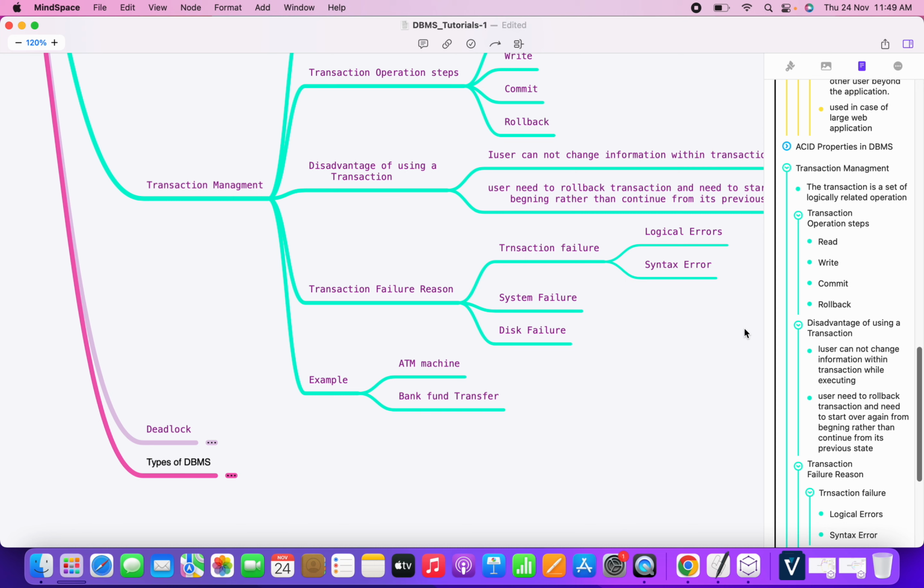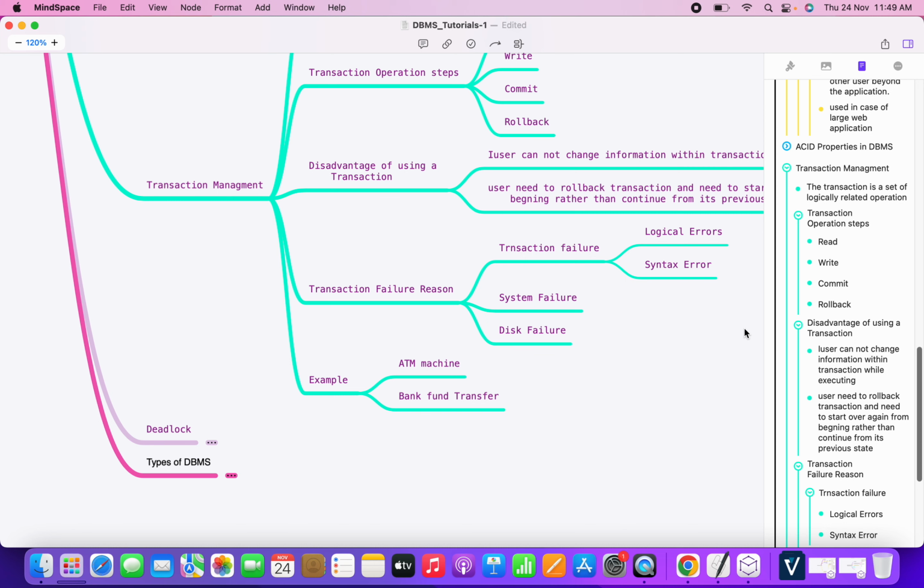These are usually on-prem servers where you need to mount and unmount the file system, so there might be chances that the file system may fail. So these are the reasons for transaction failure.